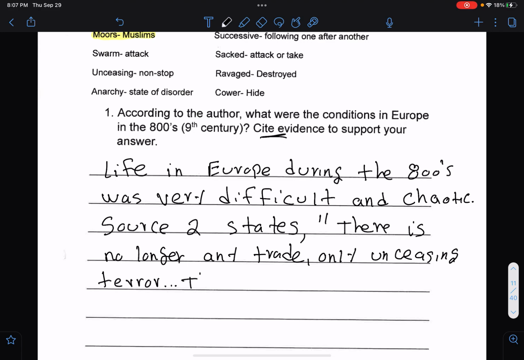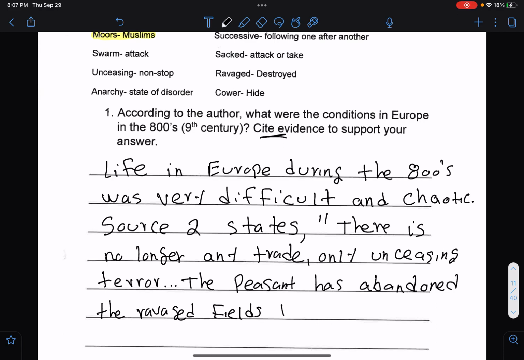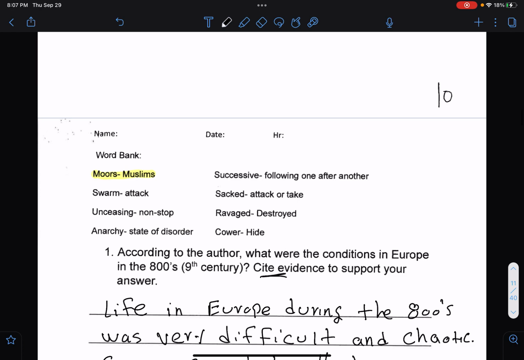The peasant has abandoned the ravaged fields to avoid the violence of anarchy. Is it of or anarchy?